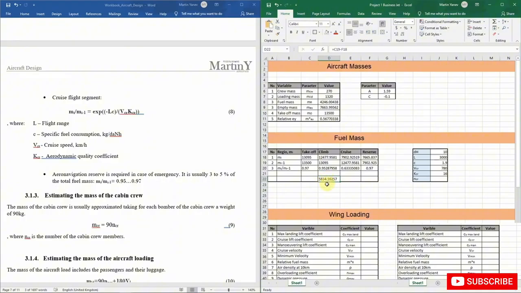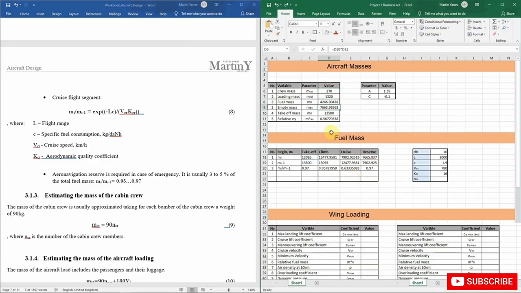5,800 kilograms. Our initial estimations showed that the fuel we need is 4,000 kilograms, and this was based on statistics. What this means is that we will need to increase the mass of our aircraft in order to ensure that we can utilize this additional fuel and also take all the passengers that we need, who are going to weigh about 1,500 kilograms.